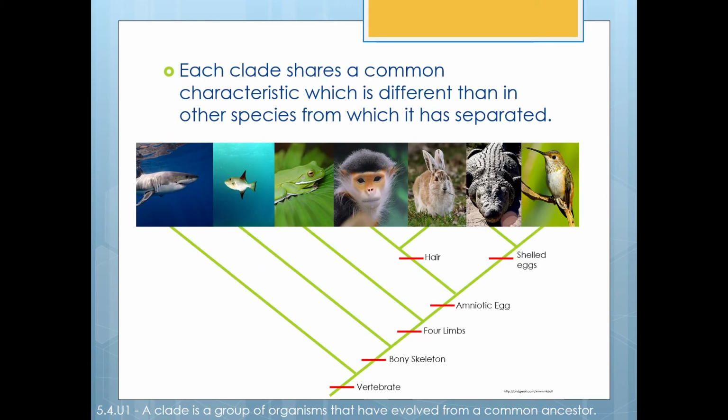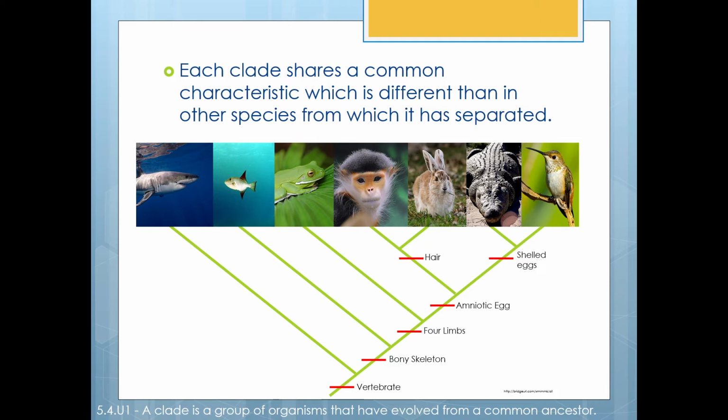So if we create a cladogram, what is crucial is that after each branching, all groups belonging to the created clade should share some characteristics. And if you look at this cladogram showing relationships between vertebrates, you'll see that it is like that.